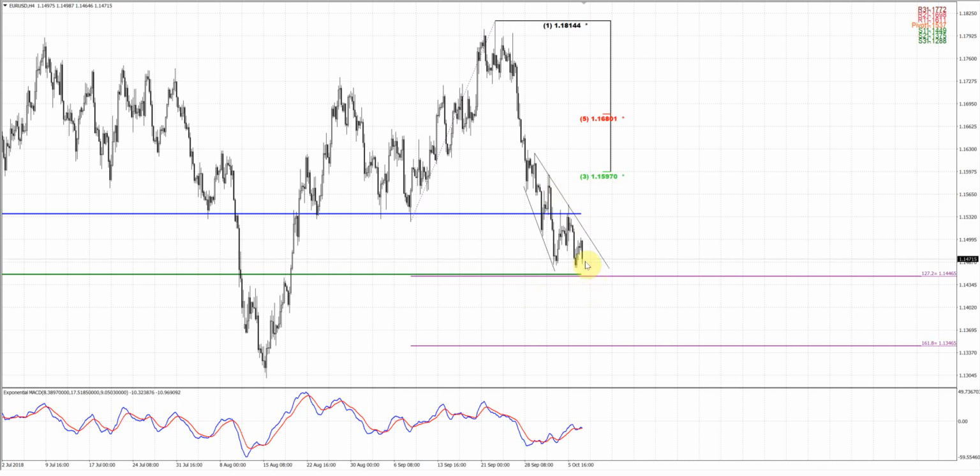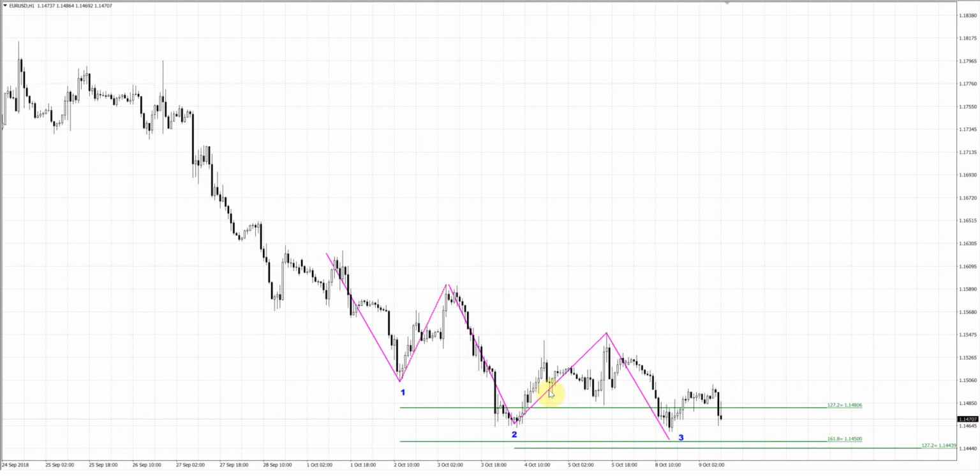So from that standpoint, this is the moment and the area where you need to decide on taking the long position. If you would like to try to take a long position, that's the moment when you need to decide. Besides, on the hourly chart the market has mostly completed our expectation.